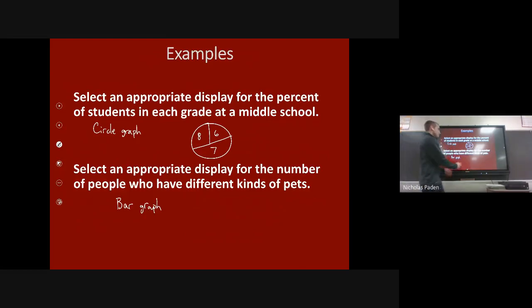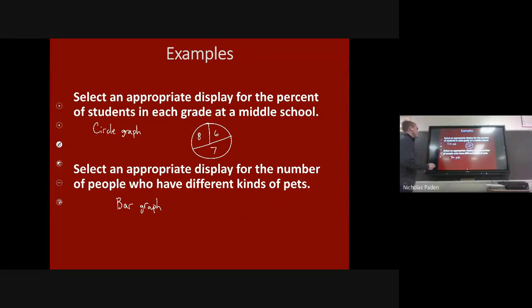And so each pet would have its own bar at the bottom, and then you would put the bar up to however many people have that type of pet. You could also use a circle graph for this one. If you know how many total people are going to be on this graph and you separate it part to whole, that would work as well. But a bar graph usually is the best one to use for this.